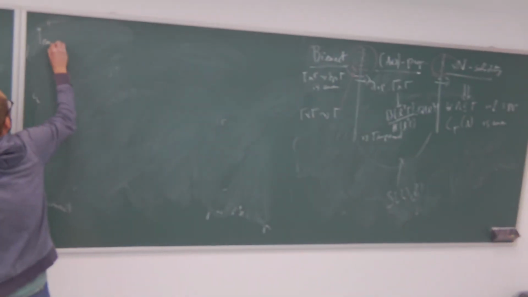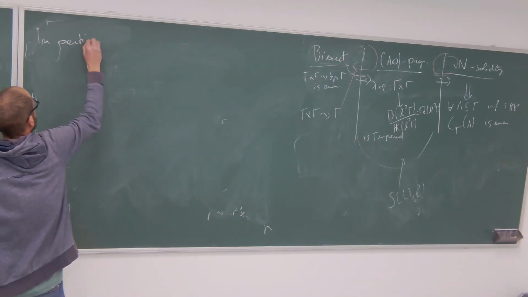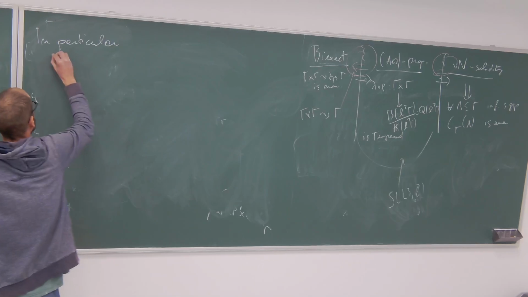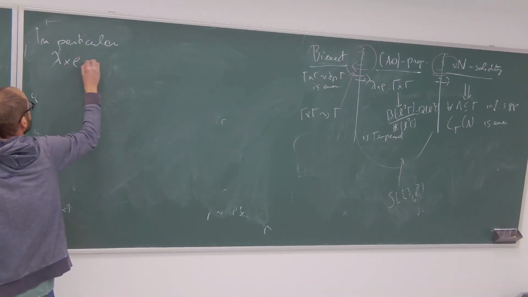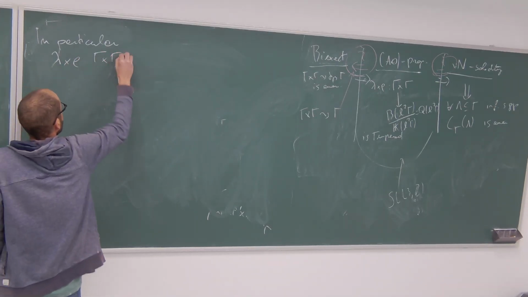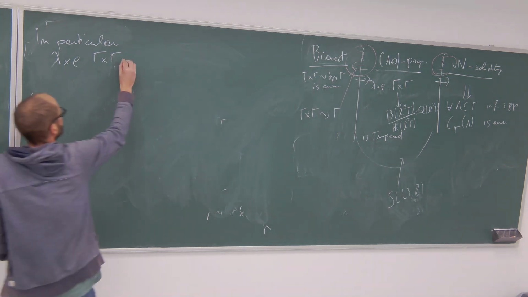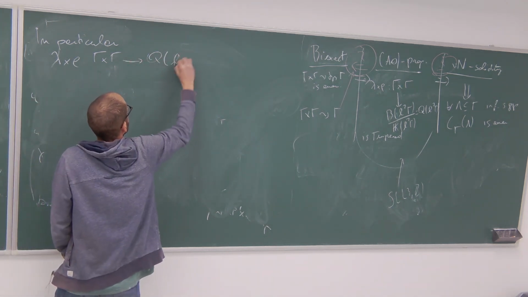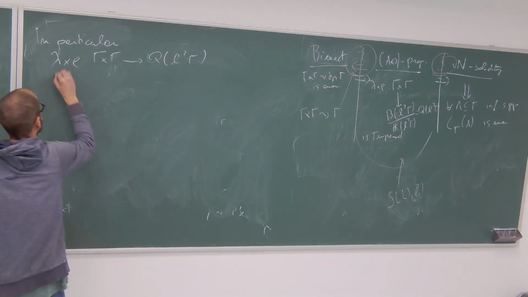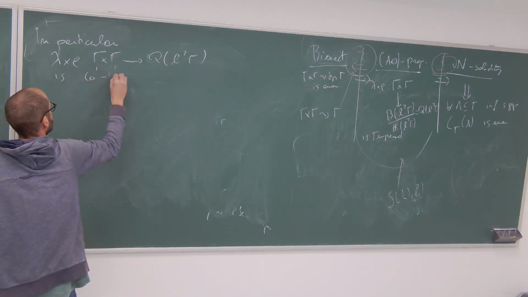In particular, the unitary group representation from gamma times gamma, where gamma now is SL3Z, to the Calkin algebra is C0 prime continuous.